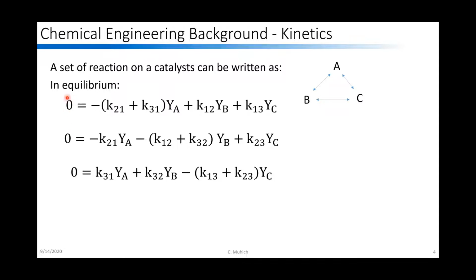If you look at this, as I've shown here, we have 0 equals negative k12 plus k31 times yA plus k12 times yB plus k13 times yC, right? So it's just that equation equal to 0. And what you'll see is this equation, or these sets of equations, are really linear problems and can be thought of as root finding methods.